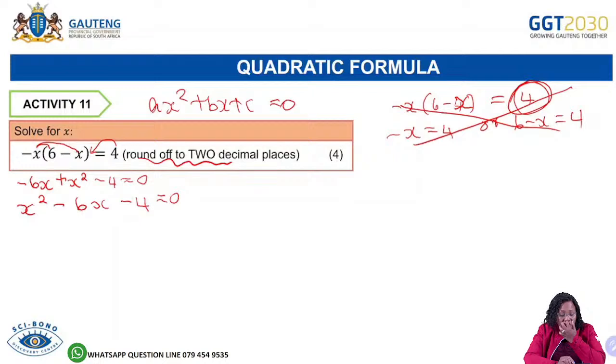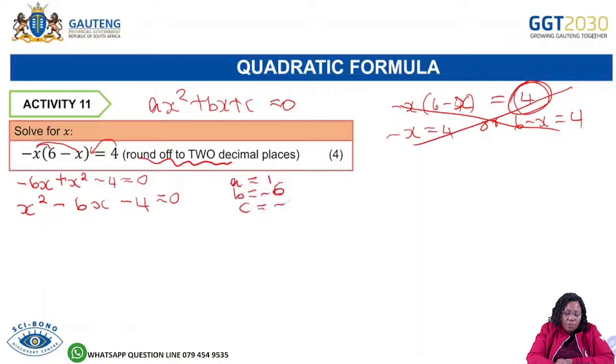Therefore, this is now in a correct standard. Then the value of a is equal to 1, the b value is minus 6, and the c value is minus 4. Please take the value with the sign to be 100% correct.